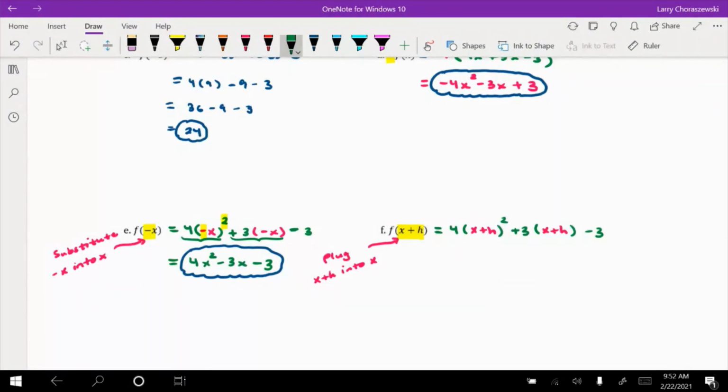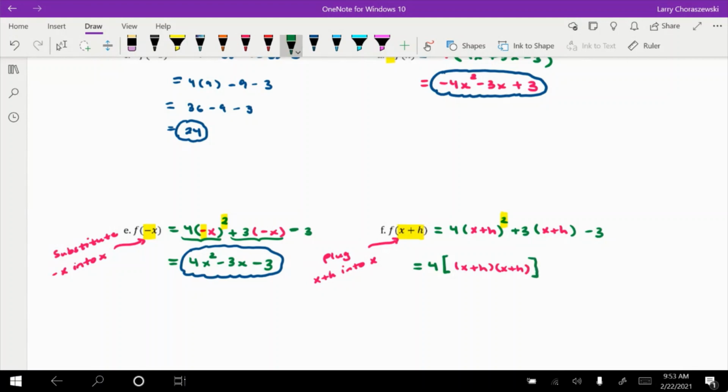Now here's how we're going to simplify. All right, roll your sleeves up because there's going to be a lot of simplification here. I'm here to help guide you through it. We're first going to FOIL the x plus h. And just to keep things organized, I'm going to write the 4 down and then a set of brackets. And inside the brackets, I'm going to write out 2 factors of x plus h.